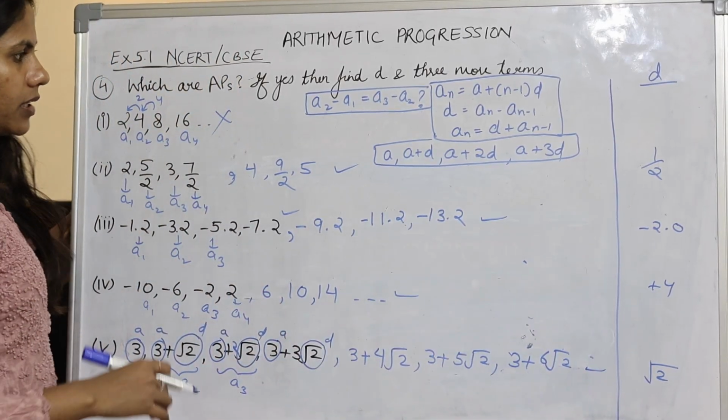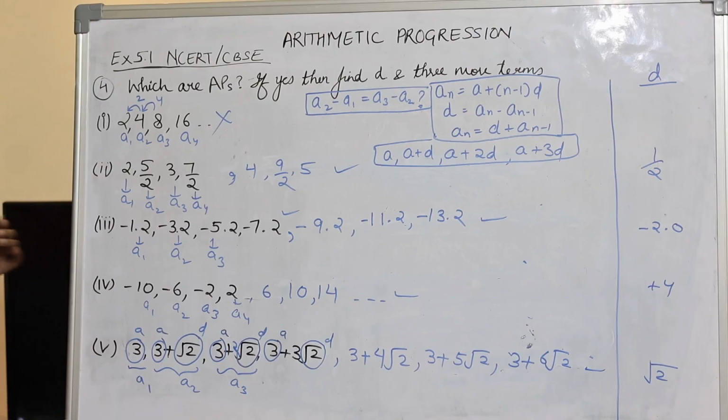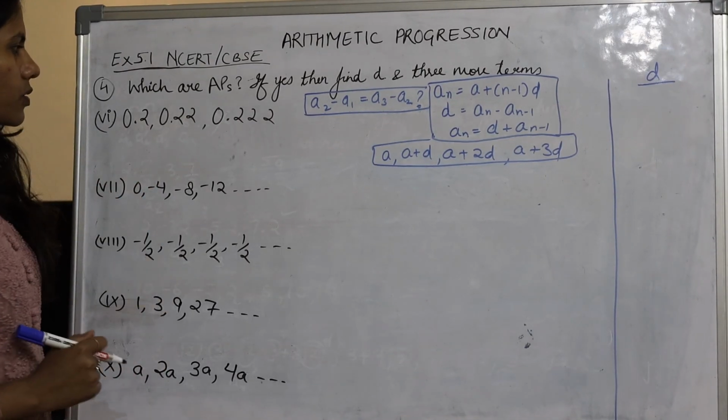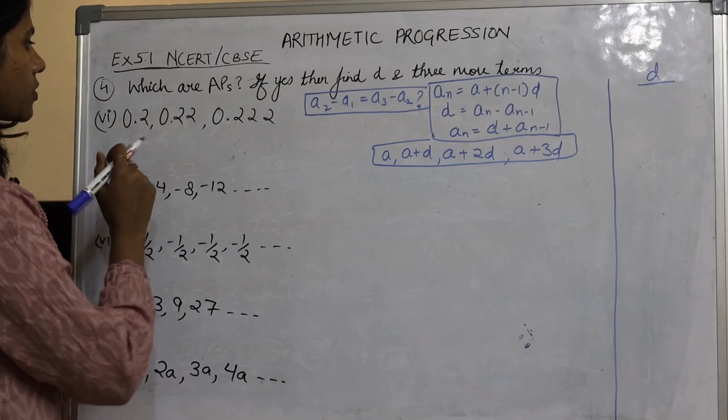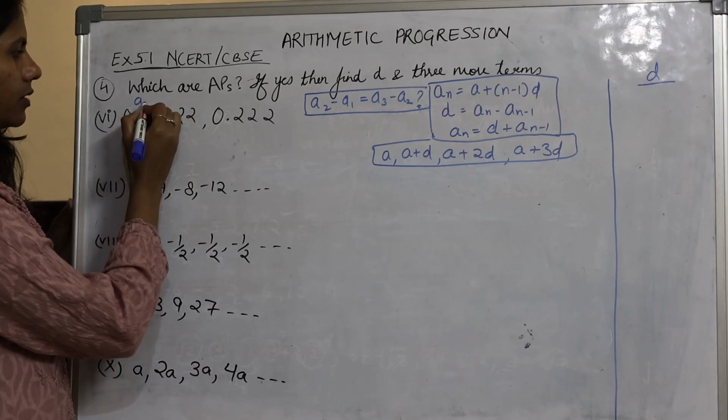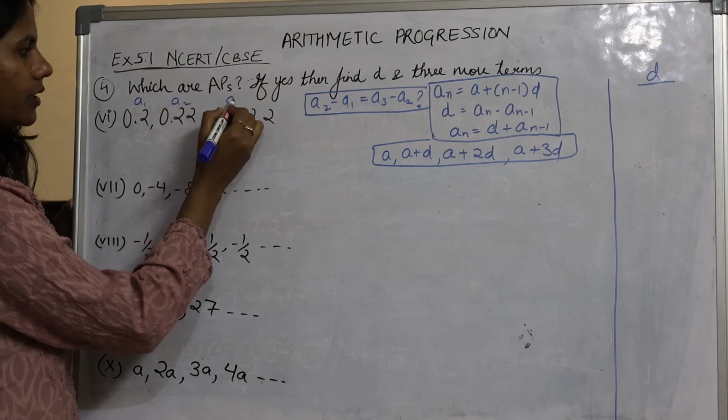Okay, let's go with the next set of questions. Let's move ahead with the sixth option. Again, this is A1, this is A2, A3.